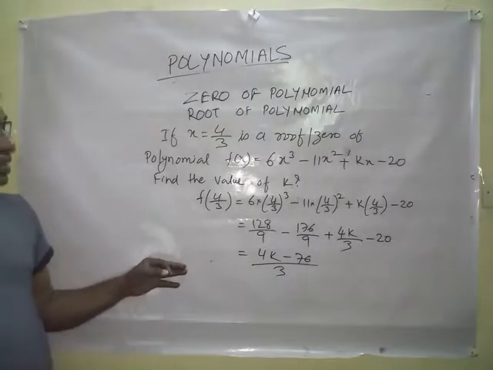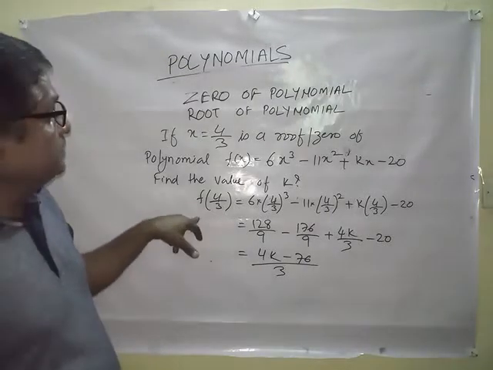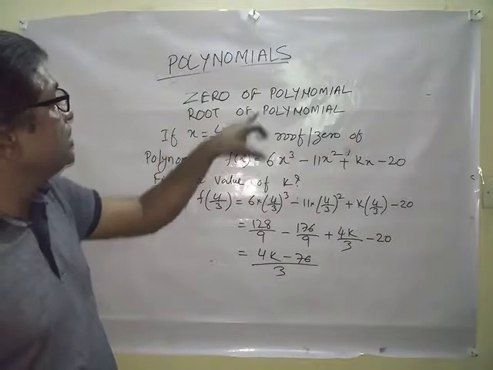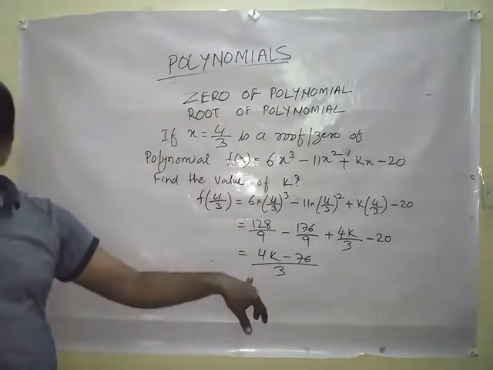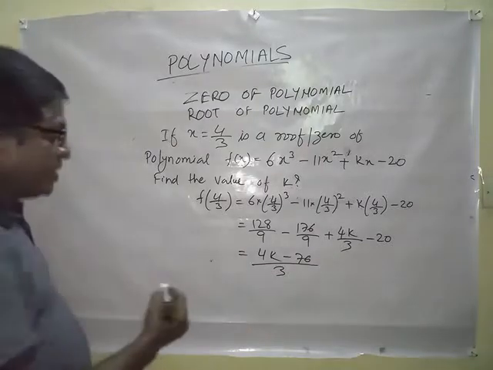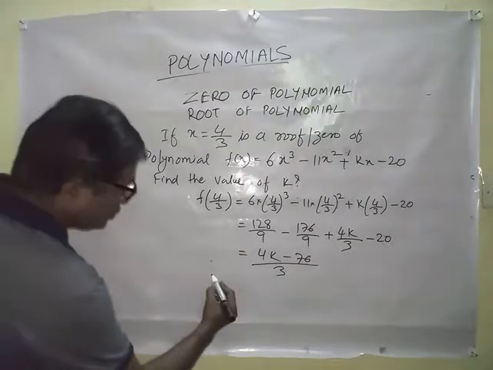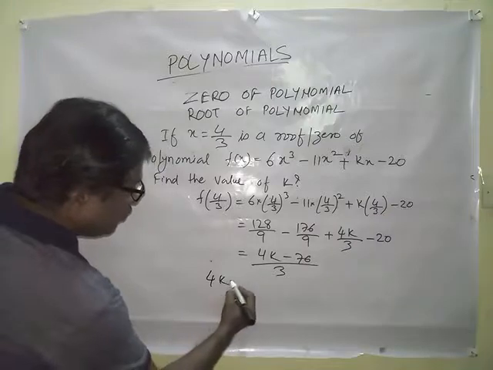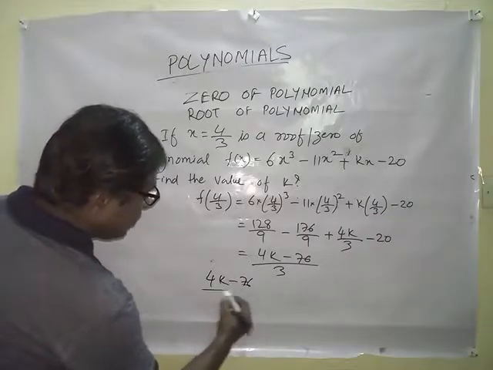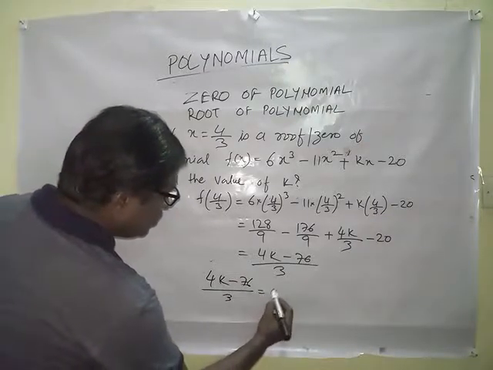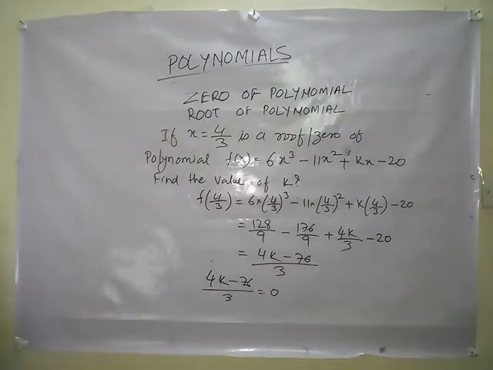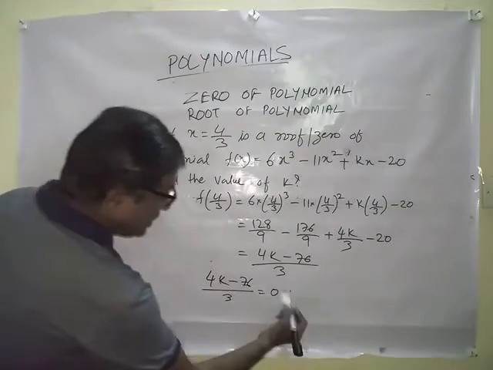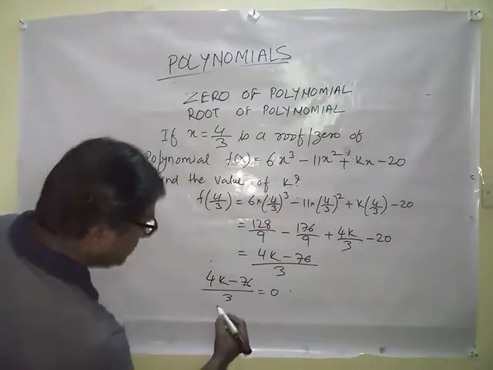Now 4 upon 3 is a root of the polynomial, so you have to equate it to 0: 4k minus 76 upon 3 equal to 0. Multiplying 3 to the other side, 0 stays 0.